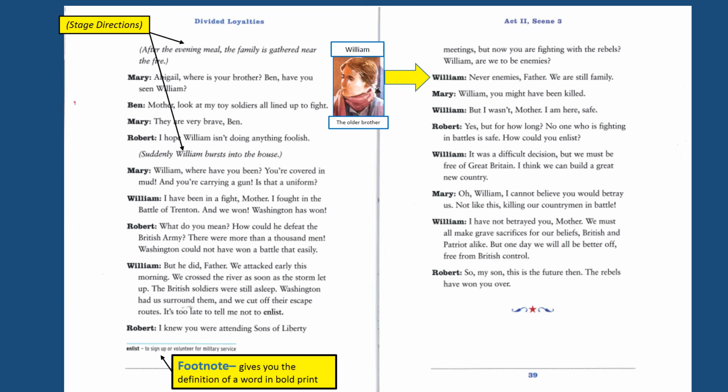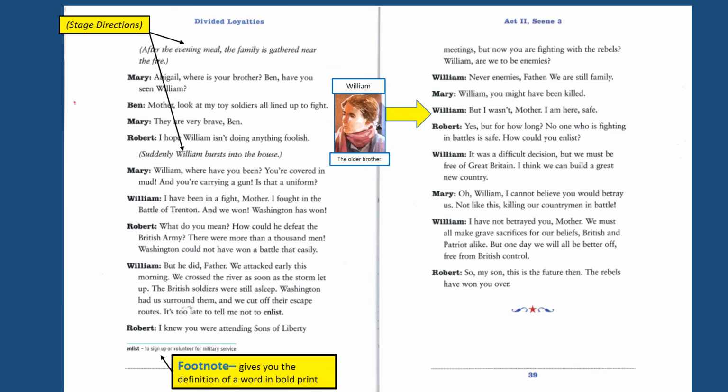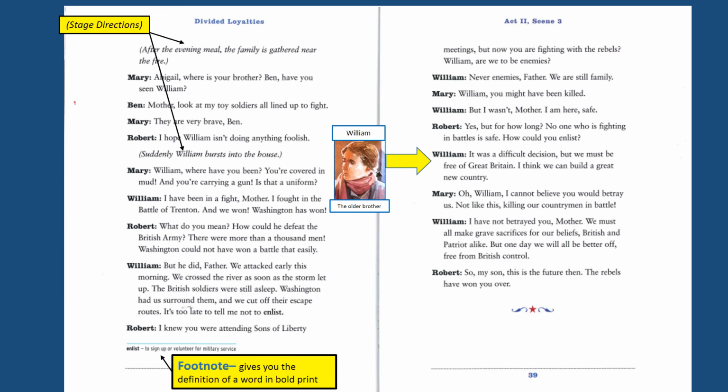Never enemies, Father. We are still family. William, you might have been killed. But I wasn't, Mother. I am here, safe. Yes, for how long? No one who is fighting in battles is safe. How could you enlist? It was a difficult decision, but we must be free of Great Britain.